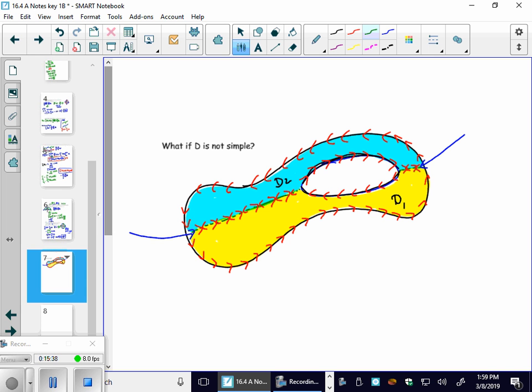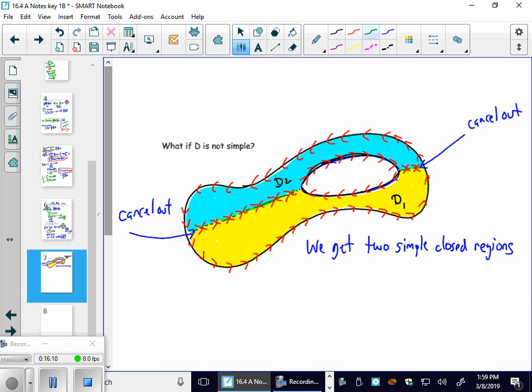Those imaginary boundary lines will cancel out. So what we get is two simple closed regions.